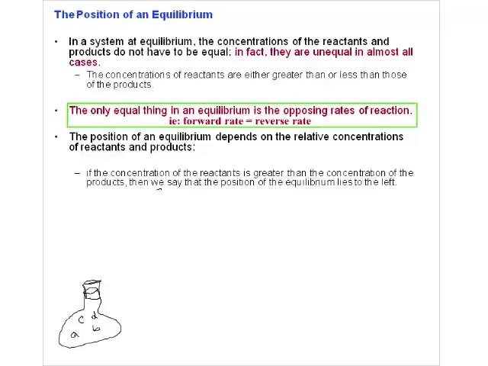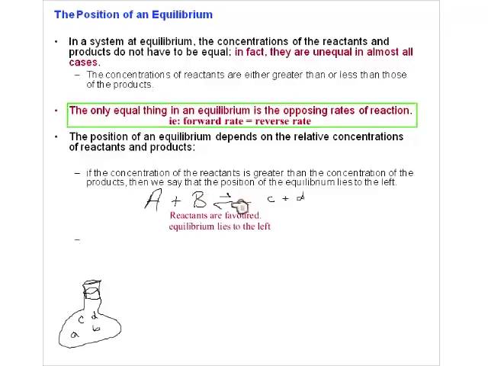So let's have a look at that and see what it is we're talking about. So if we had to look at the contents of this jar and say, okay, if this system was in a state of equilibrium and the equilibrium favored being pushed in this direction. So if we looked at that cat balancing on the log over the river, he'd be tipping more to one side than the other.